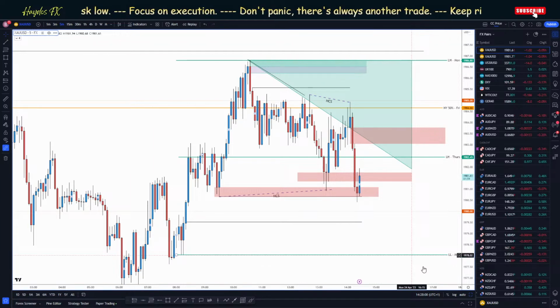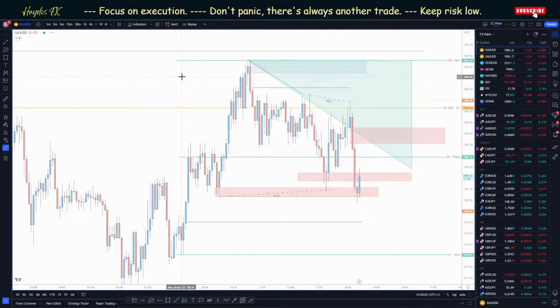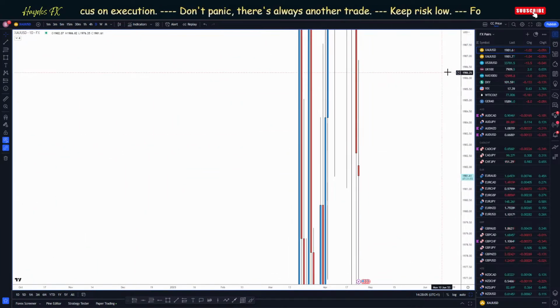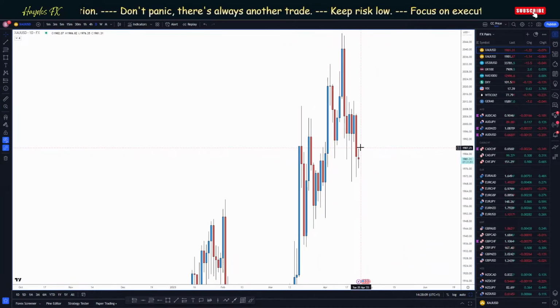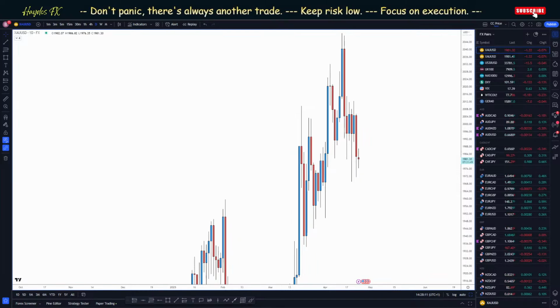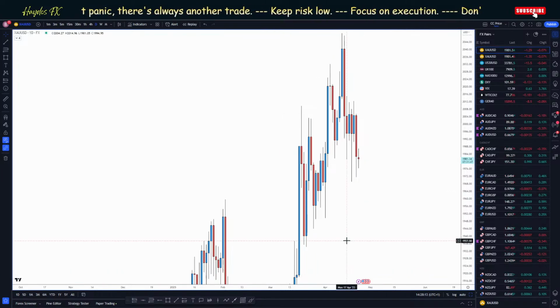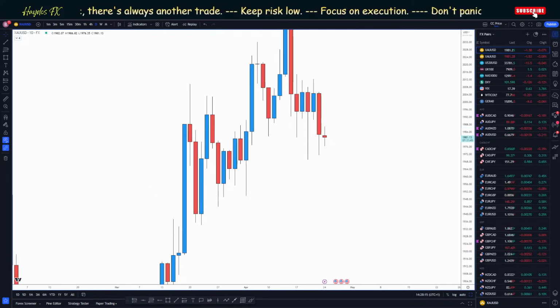Looking at the bigger picture, not forgetting what's happening there, this daily candle created a bit of a top wick up, and at some stage I'm hoping it can go bearish, retesting these lows again.